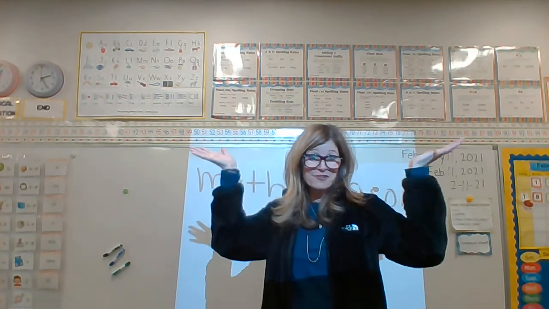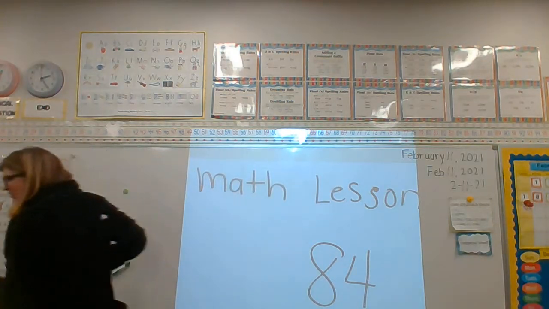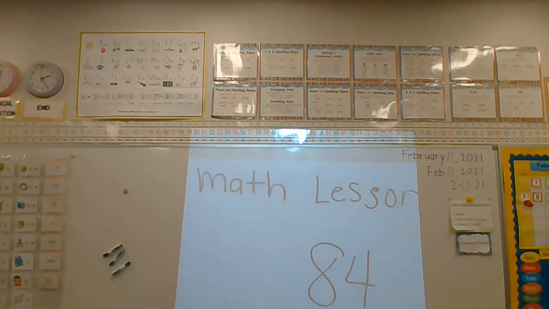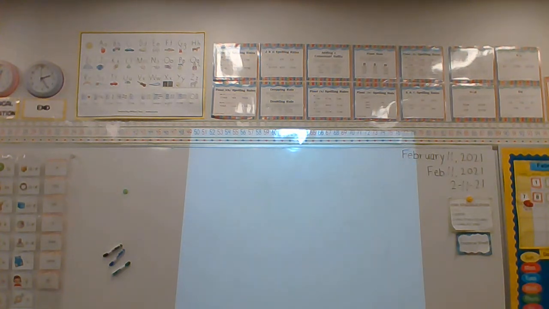Okay, well, hey, first grade, let's get to work. Math lesson 84. Oh, these pretzels are making me thirsty. Math lesson 84. You can, of course, do your fact practice, and that can be for 2.5 minutes, and then we'll say switch.